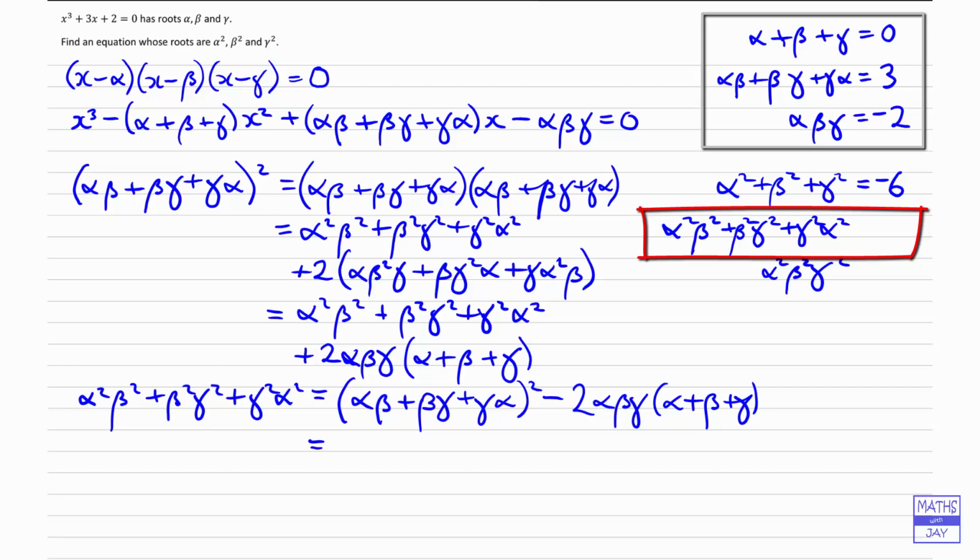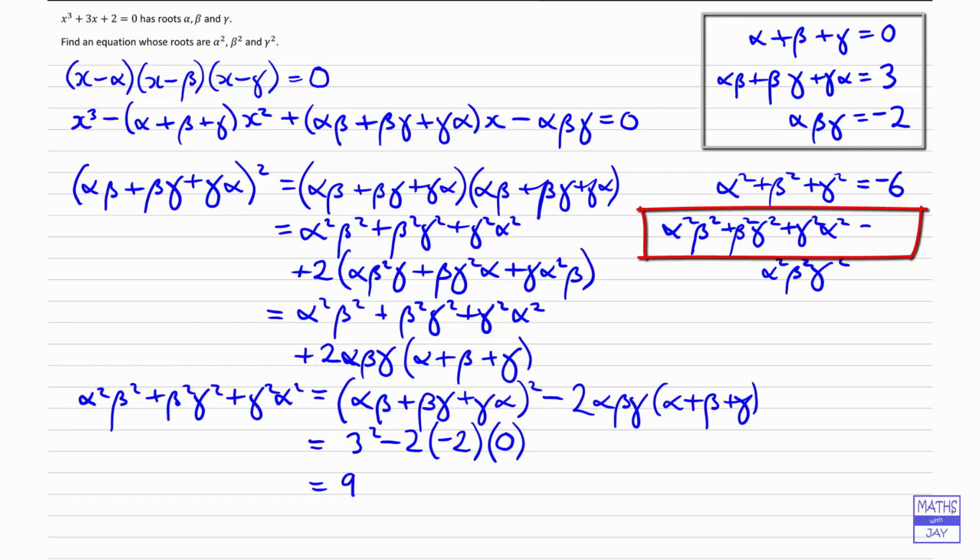And then it's just a matter of substituting in the values that we already know. So we've got 3 squared minus 2 times minus 2 times alpha plus beta plus gamma, and that is 0. So this just comes to 3 squared, or 9.